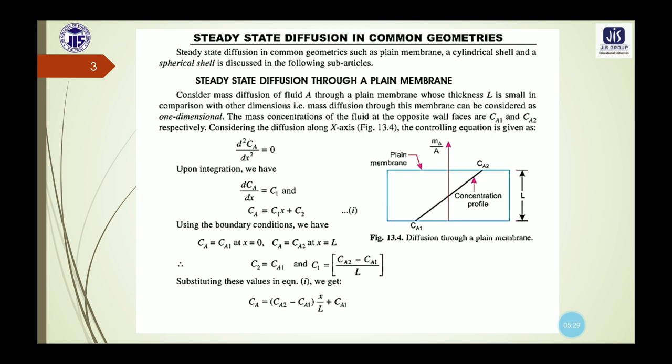Considering the diffusion along the x-axis, the governing equation we can write as d2Ca by dx2 equals 0. We got this relation from the mass diffusion equation, since in the case of a plane membrane we have considered diffusion only along the x direction and neglected all the other parts.